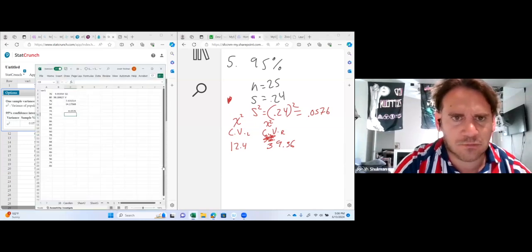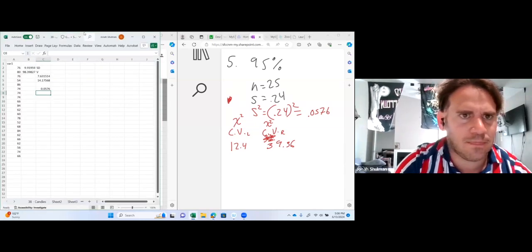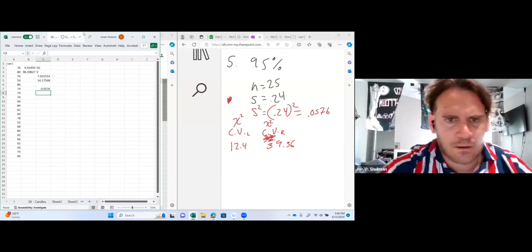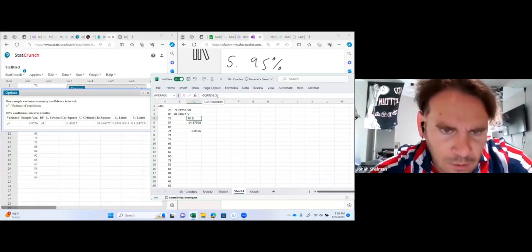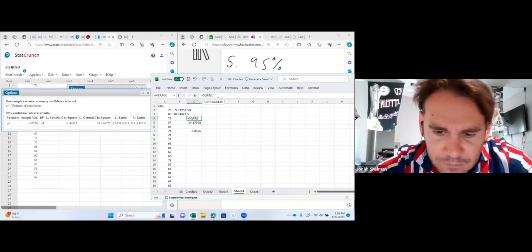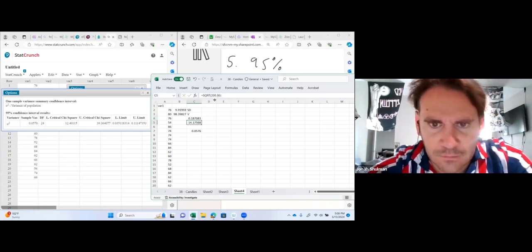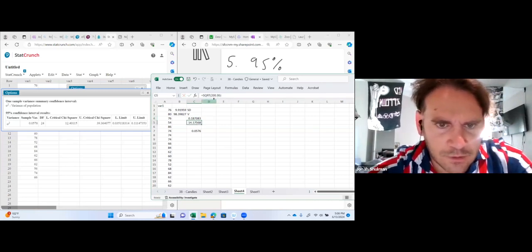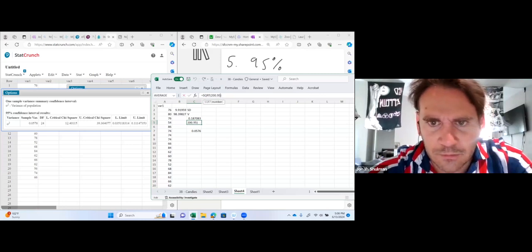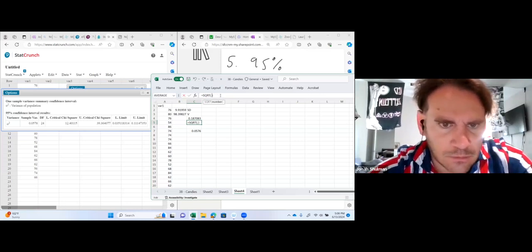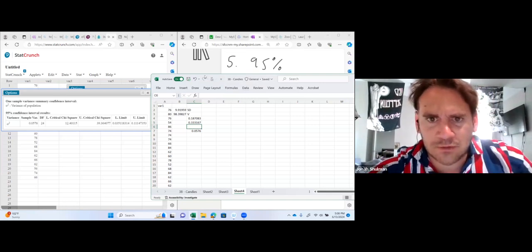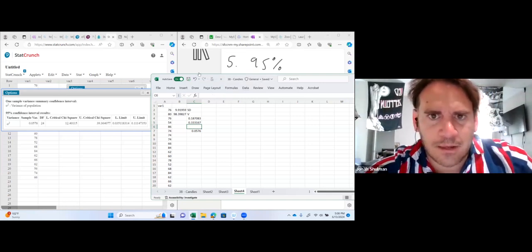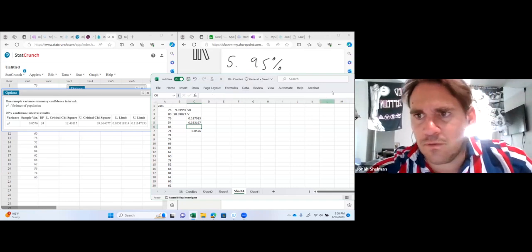That's exactly what I'm going to do. So we need the square root of 0.035, the square root of 0.111. So these are the two values I got. And we can check them.